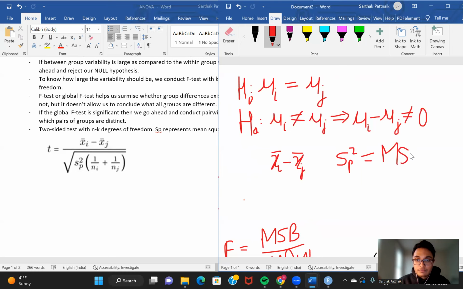Ni is the number of observations in sample I, and nj is the number of observations in sample j. This test statistic has to be compared with our critical t-value, which we will calculate on the principle of a two-sided t-test. So let us go back to our previous example.